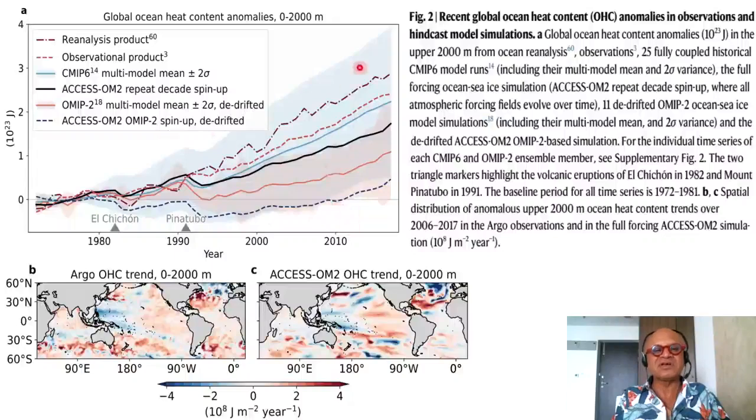So various ways of doing these things, but you can see the comparison of the Argo period ocean heat content trend compared to ACCESS-OM2 heat content trend has many similarities, but there are also substantial differences.